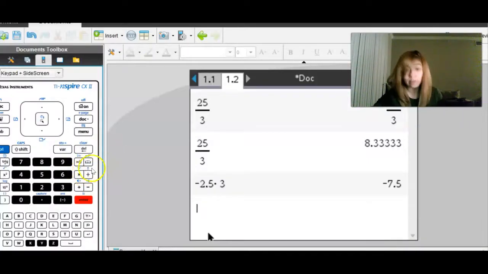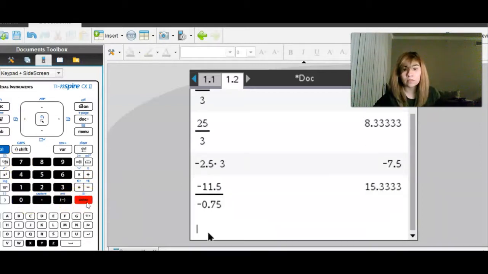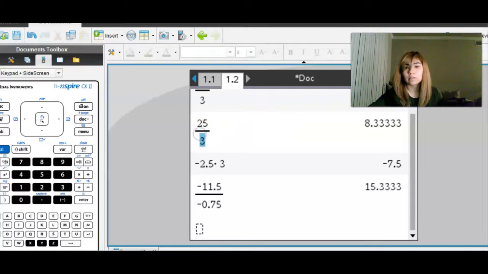So we have -11.5 divided by -0.75. This is about 15.3 repeating, or you could just leave it as a fraction. Let's switch back.